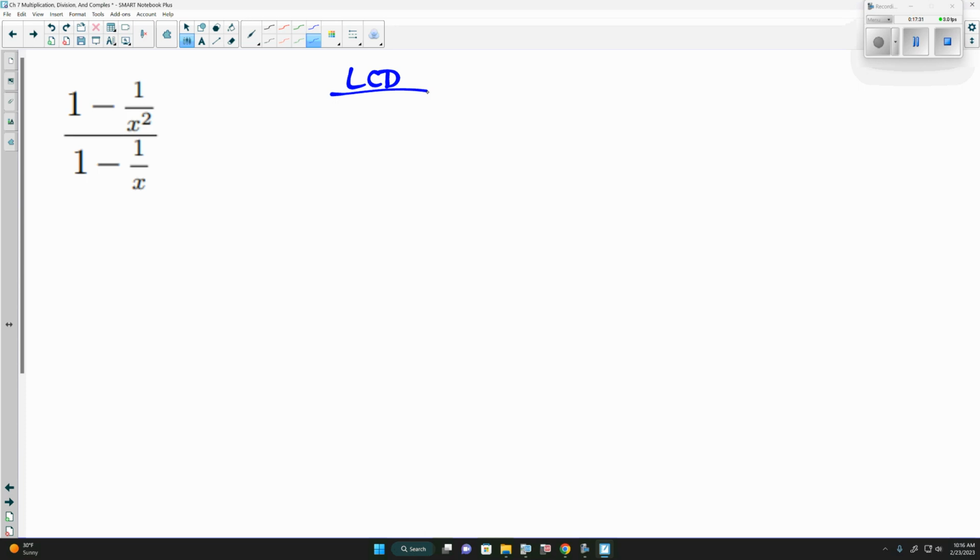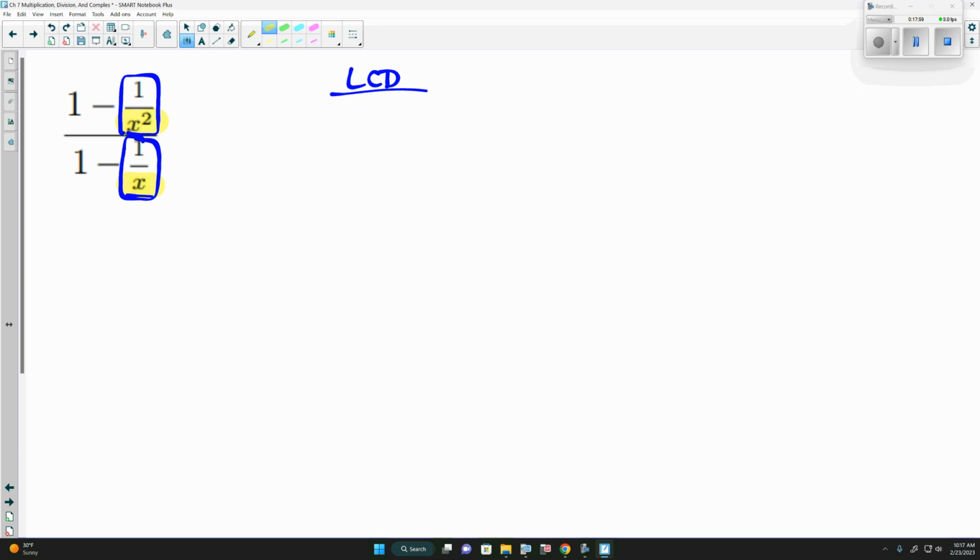Well, in this one here, we have 2 fractions. We have 2 denominators inside the fraction. We have x squared and we have x. What would I need to multiply x by? Well, what is this denominator here? It's just an x. It has 1. This denominator has how many? So we need to multiply the entire equation by at least how many x's? 2.